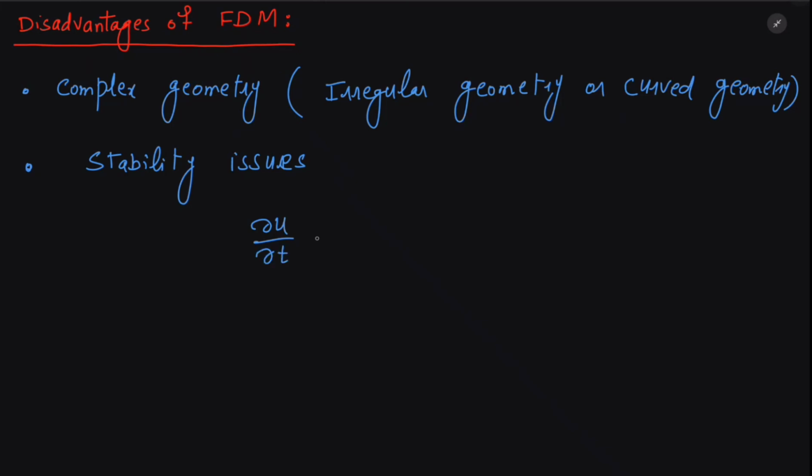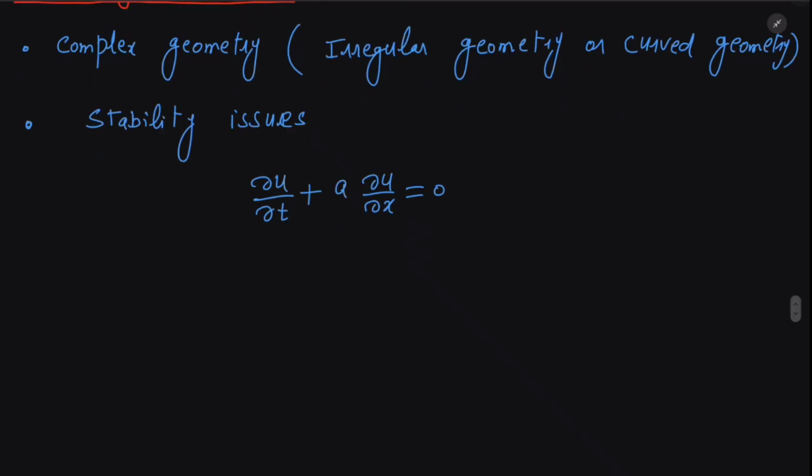For example, if we have an advection equation, which we will talk about in future, partial u by partial t plus a partial u by partial x equal to 0. When we discretize this problem, we get a CFL number which looks like a delta t over delta x.